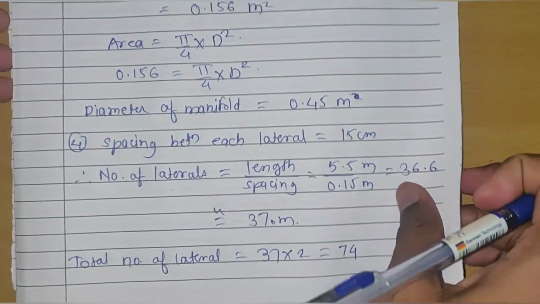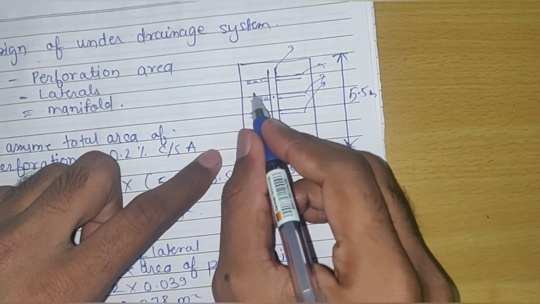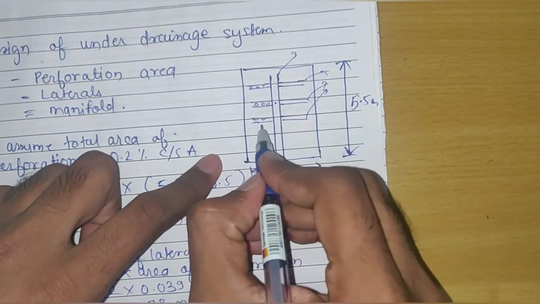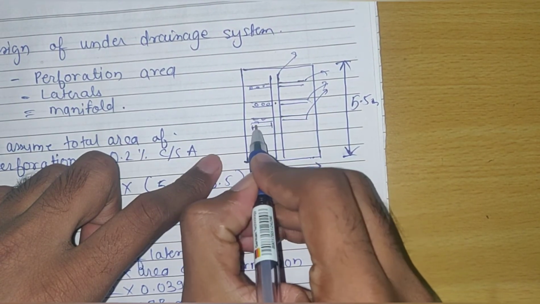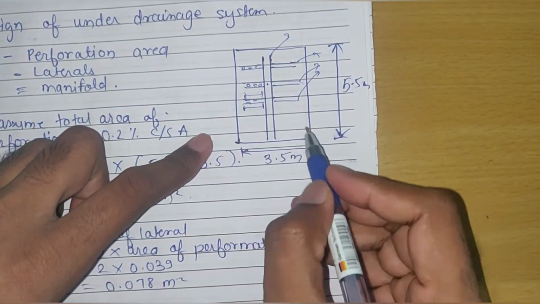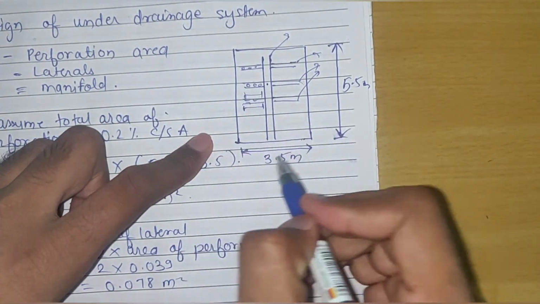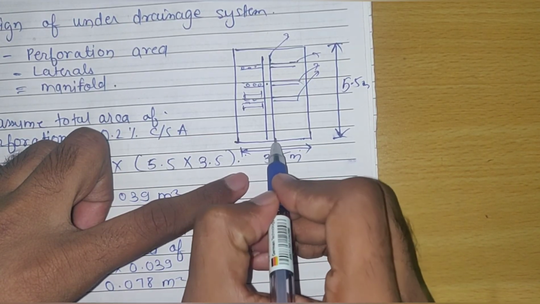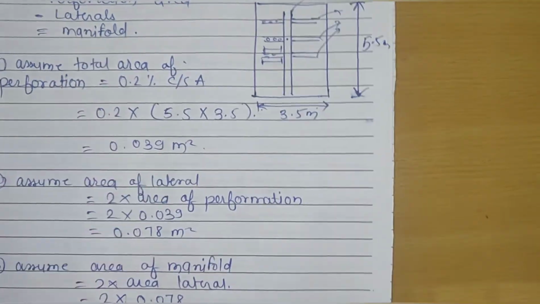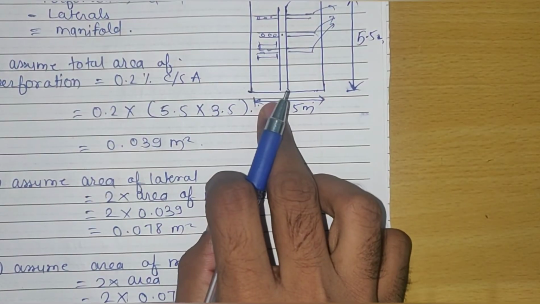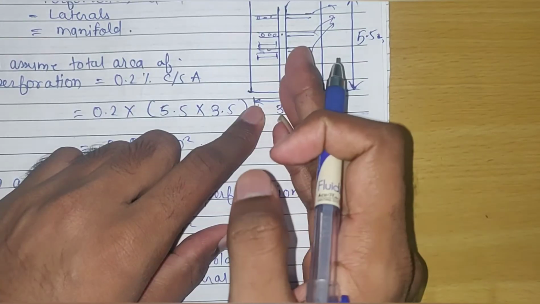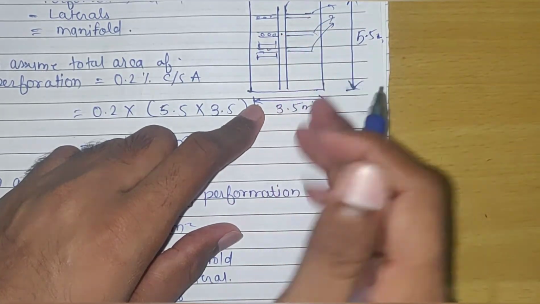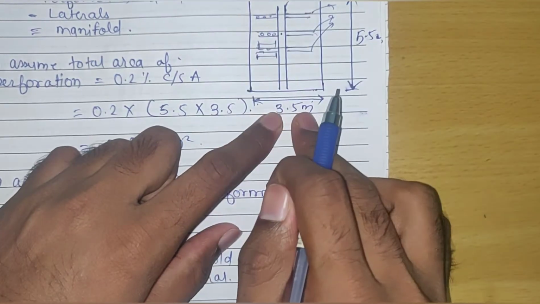Okay, this is the lateral. We have calculated the number of laterals present in the rapid sand filter. Now we have to find the length of the lateral. We know that the length of lateral will be equal to the width minus the diameter of the manifold, divided by 2, because one lateral is placed half to the width of the rapid sand filter unit.